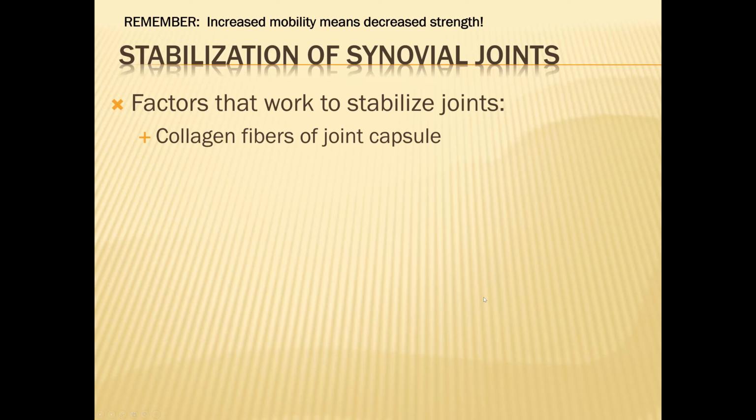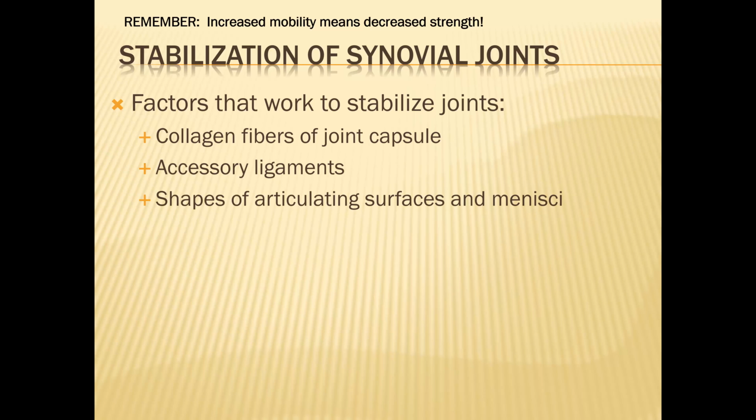So factors that work to stabilize joints: you do have the collagen fibers in the joint capsules, which can help to provide stability. You have those accessory ligaments. Remember, they can be inside or outside the joint capsule. The shapes of the articulating bones and the cartilage pads called menisci can further help stabilize that joint.